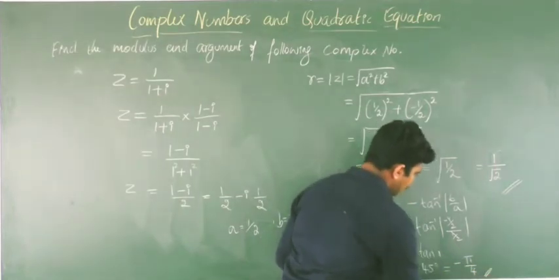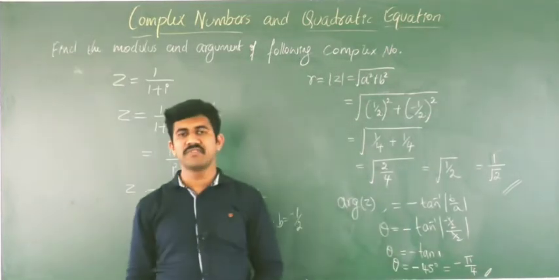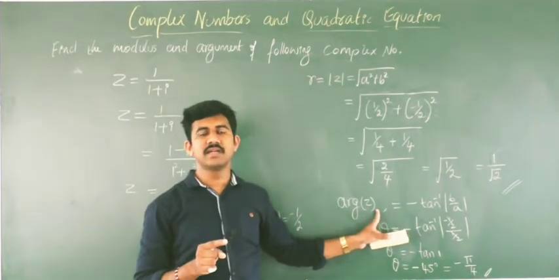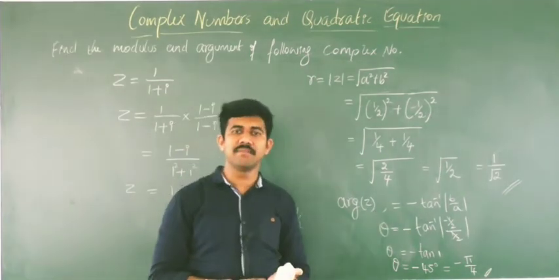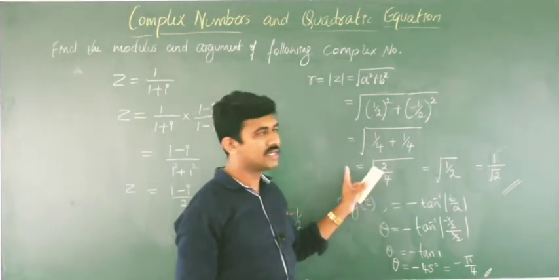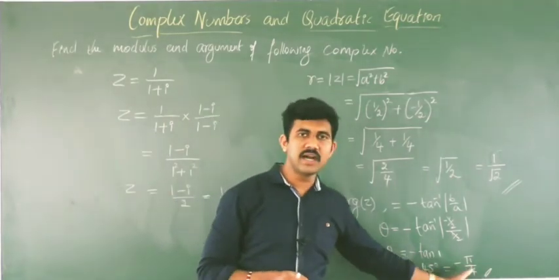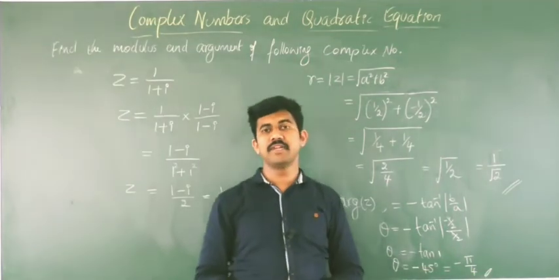So theta is equal to minus pi by 4, because here it is measured in the clockwise direction. So we get a negative angle, because the complex number lies in the fourth quadrant. The argument is minus pi by 4.